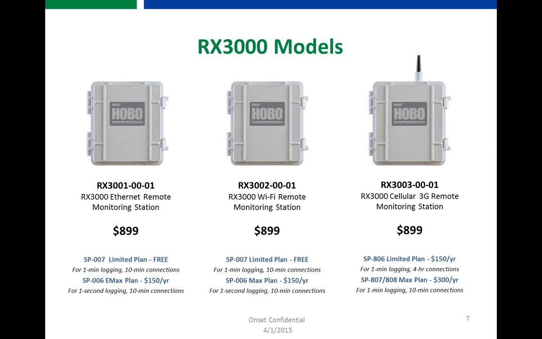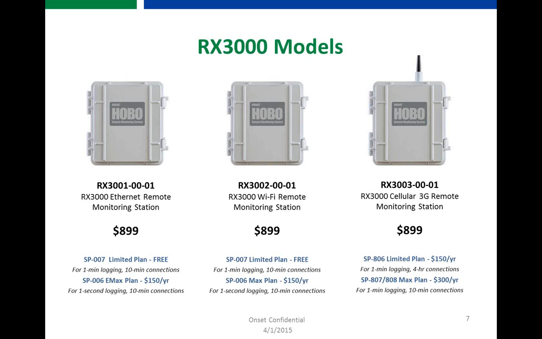There's just a couple of levels to choose from. Basically, if you want to log quickly, you will need to opt up to our Max plan, which is $150 a year for the Wi-Fi and Ethernet versions. Otherwise, you can go with a free plan, so the cost of that is built right into the station itself, and there are no additional annual charges.